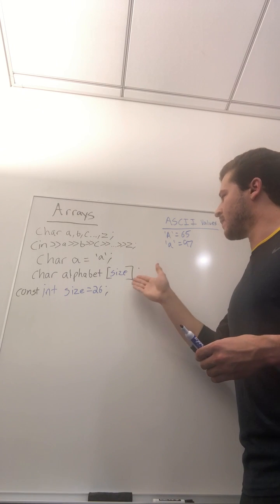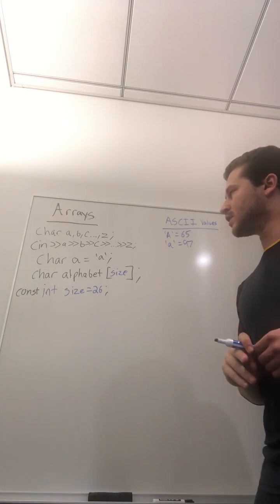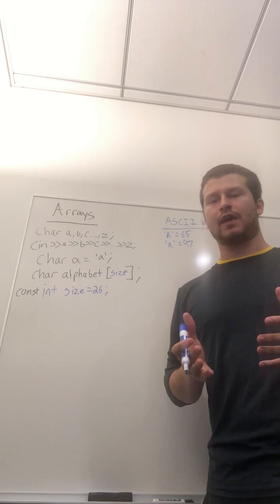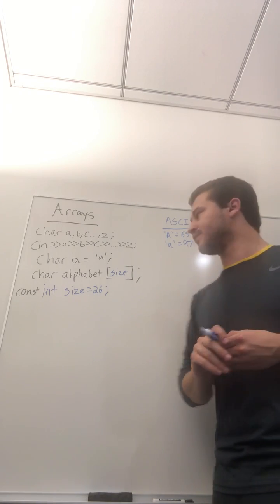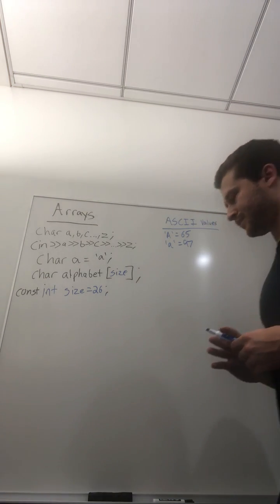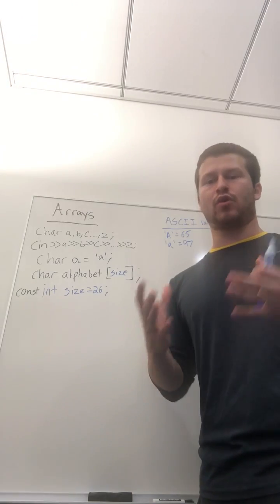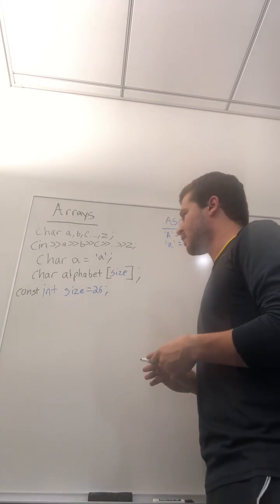Great, so now we've got this array of chars of size, and we want to read in the values of the alphabet into it. So how can we do that? Well, how do you index an array? And by index, I mean access the value or assign the value at a particular spot.